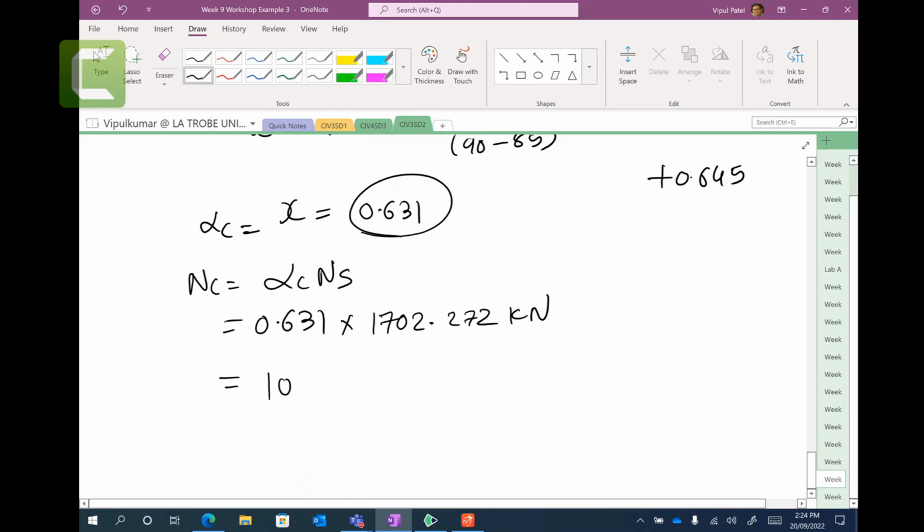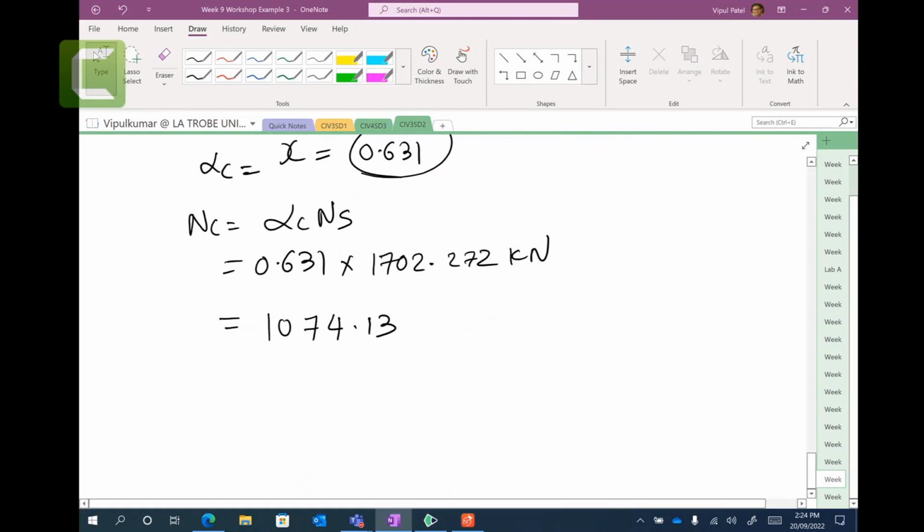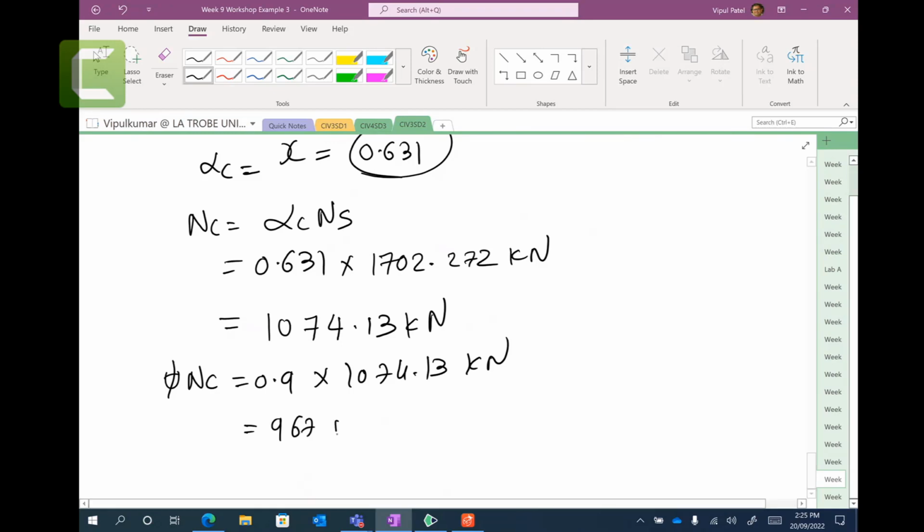So this one here we are going to get 0.13, all good. Then you multiply by the capacity factor 0.9, giving 968 kilonewtons, which is less than the requirement, which is 1050, I believe.